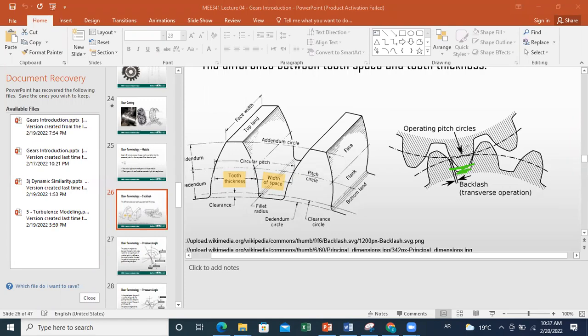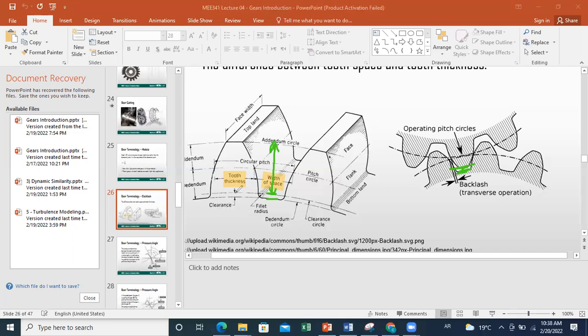If the gear hits the bottom, then the clearance will be 0, and this is not recommended in general, to avoid any additional mechanical constraints. So the clearance is the difference between the top of the gear in mesh and the bottom of the other gear. The remaining distance is what we call the working distance, because this is where you have interaction between the two gears.